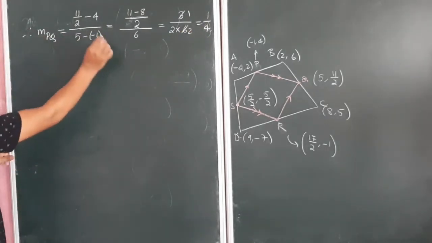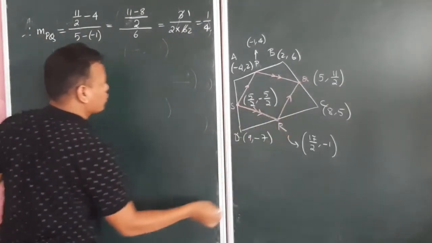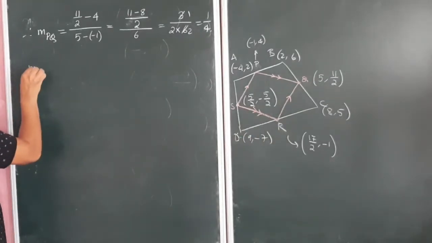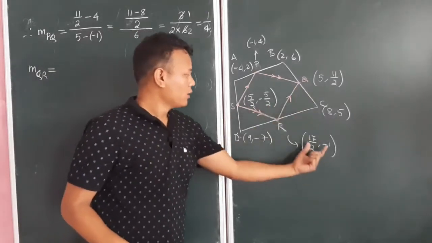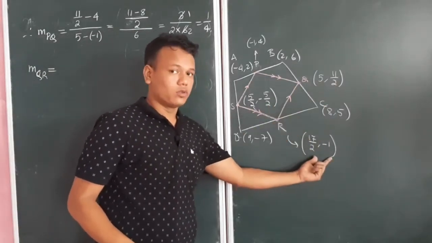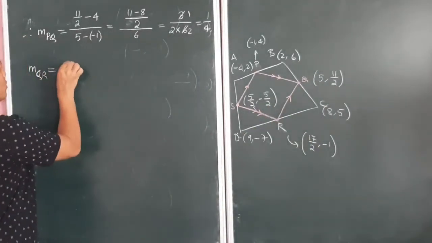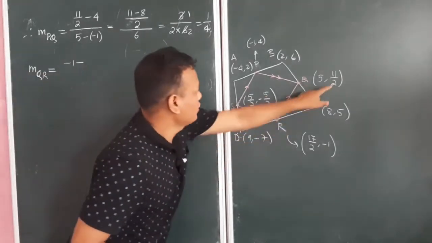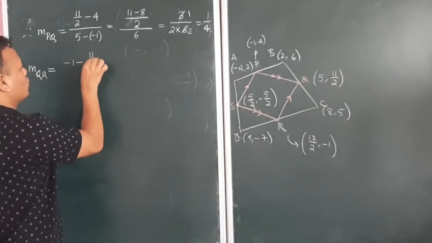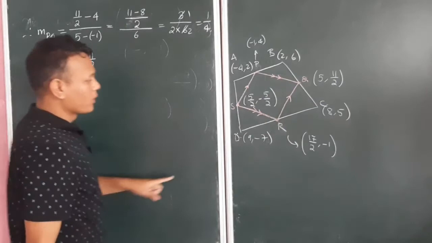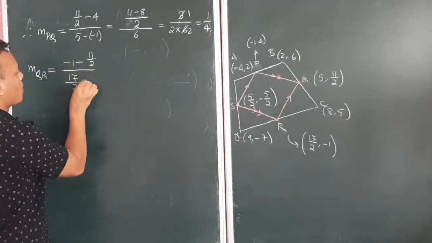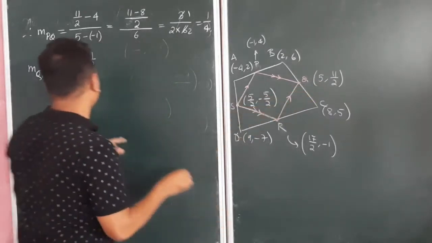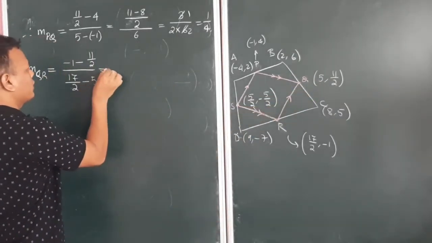Now similarly let us calculate the slope of QR. This is my x1 y1, this is my x2 y2. So y2 is minus 1 minus y1, which is 11 by 2, divided by x2 minus x1. Let us calculate in the same manner.